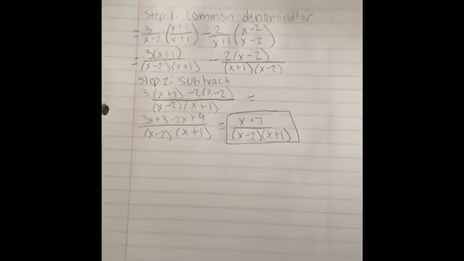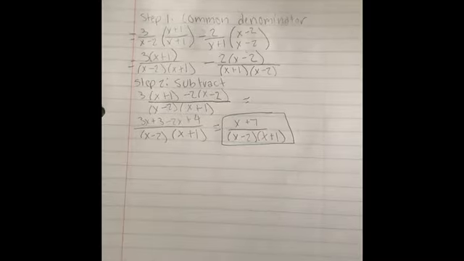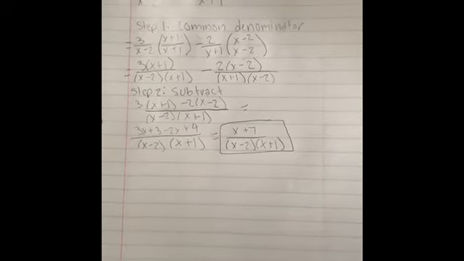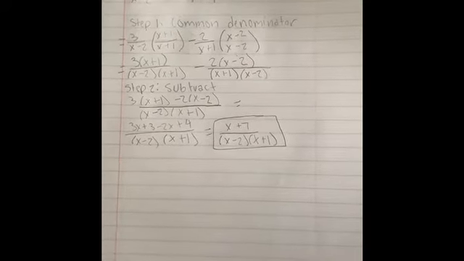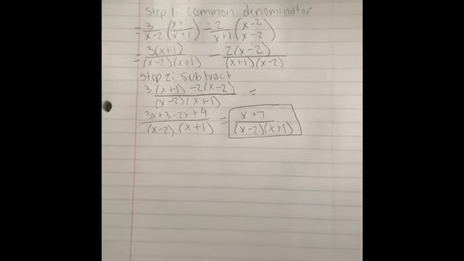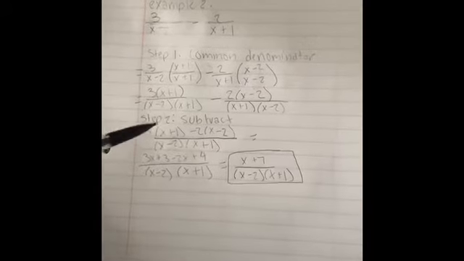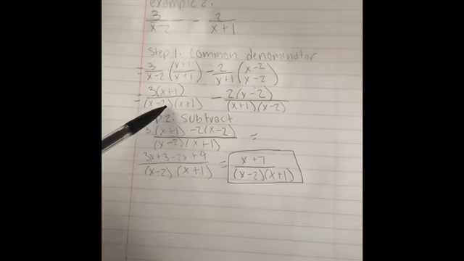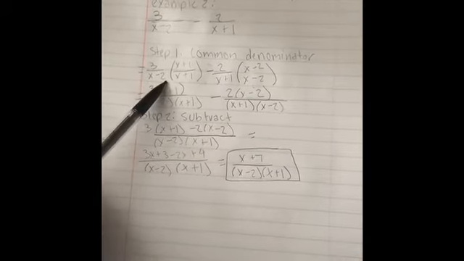Divided by x minus 2, subtracted by 2 divided by x plus 1. Step 1, you find the common denominator. In this example, you can create a common denominator by multiplying the first fraction by x plus 1 divided by x plus 1.